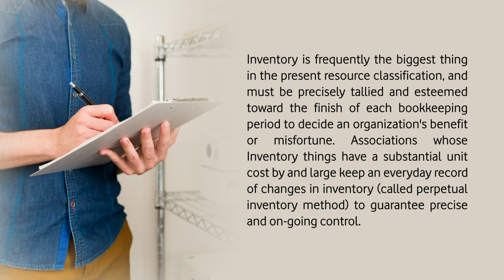Later on, organizations whose inventory items have a substantial unit cost generally keep a daily record of changes in inventory, called the perpetual inventory method. We have to keep a record of what the changes in the store of inventory are every day.